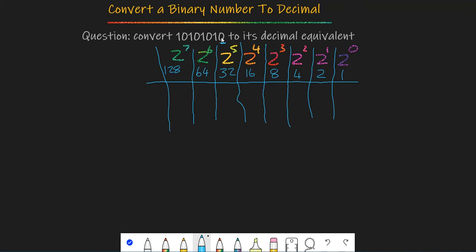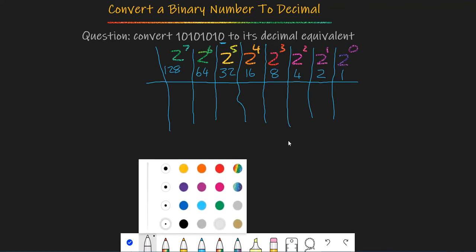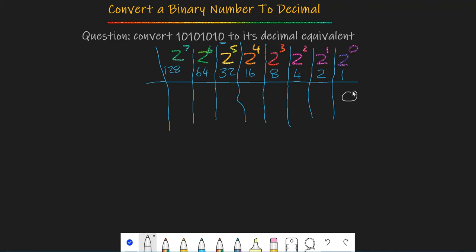So we're starting with this first digit here, which is a 0. So we'll put in a 0. The next digit is a 1, so that goes into the 2's column. The next one is a 0, it goes into the 4's.